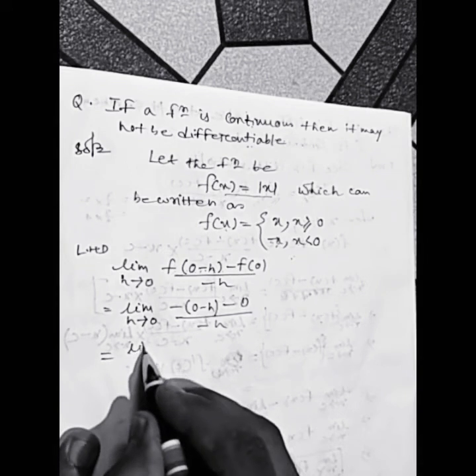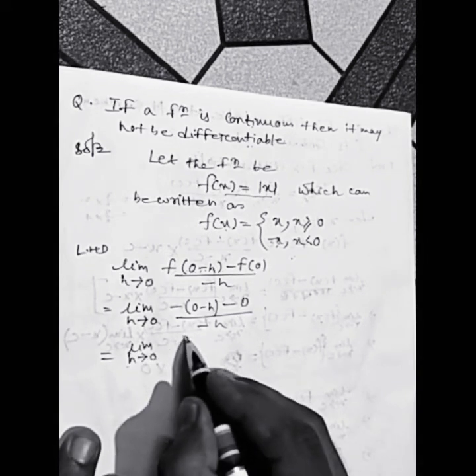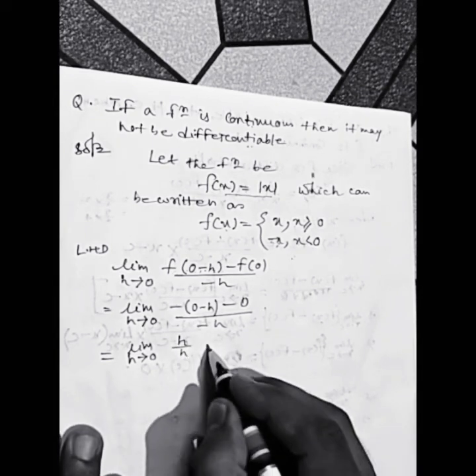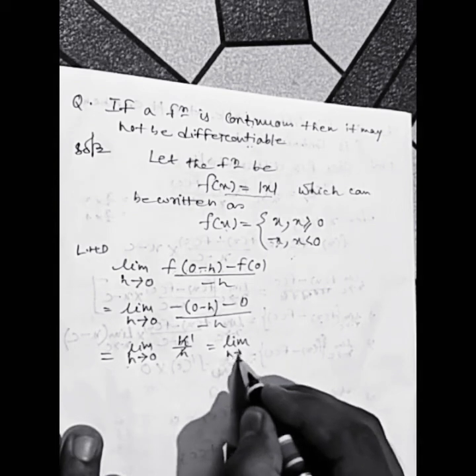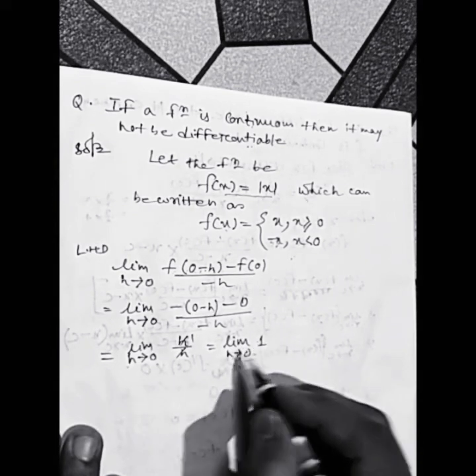Minus minus is plus, so we get h divided by h, and the limit h tends to 0 of 1 is 1.